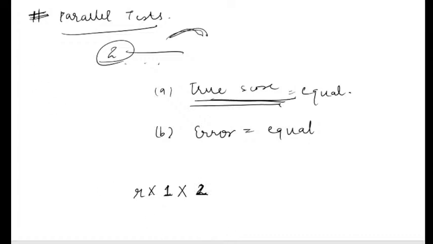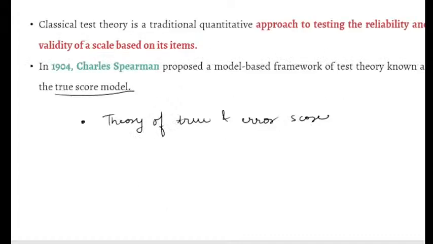So that was majorly about classical test theory. Classical test theory was proposed by Charles Spearman in the year 1904. It is also known as the theory of true and error score, or true score model, and it helps us in the conceptualization of reliability and validity.